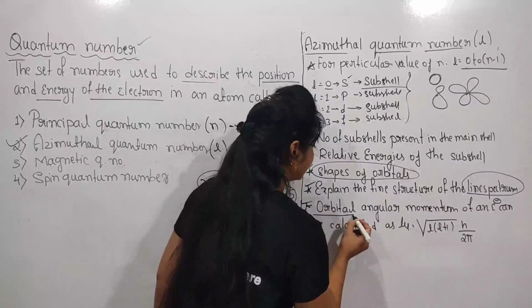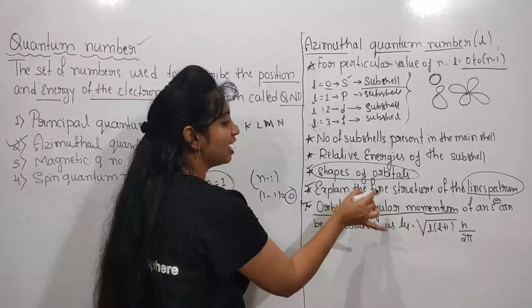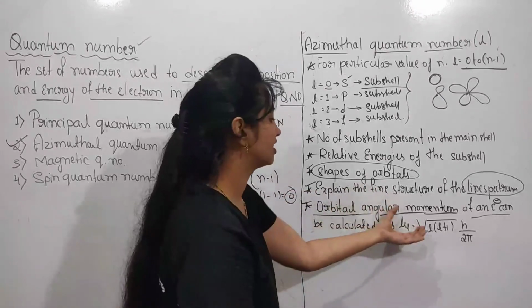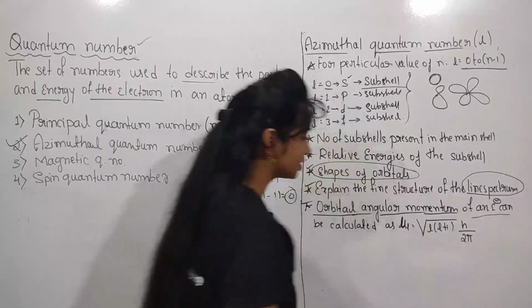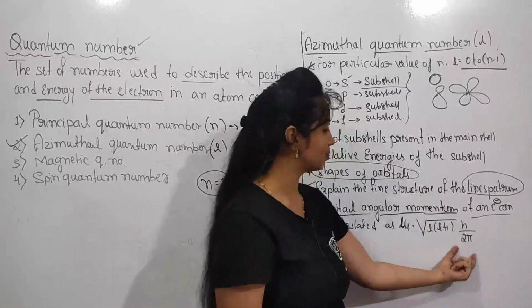So with the help of this azimuthal quantum number we find the orbital angular momentum of an electron. This can be calculated by the formula mu L is equal to root of l into l plus 1, h divided by 2 pi.